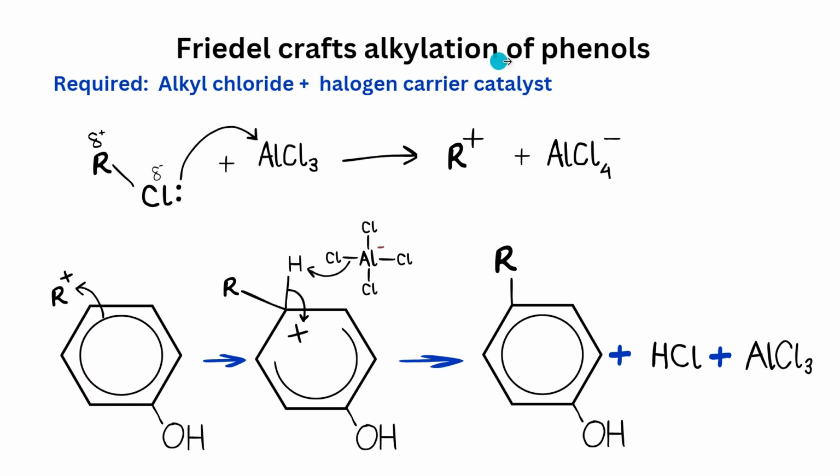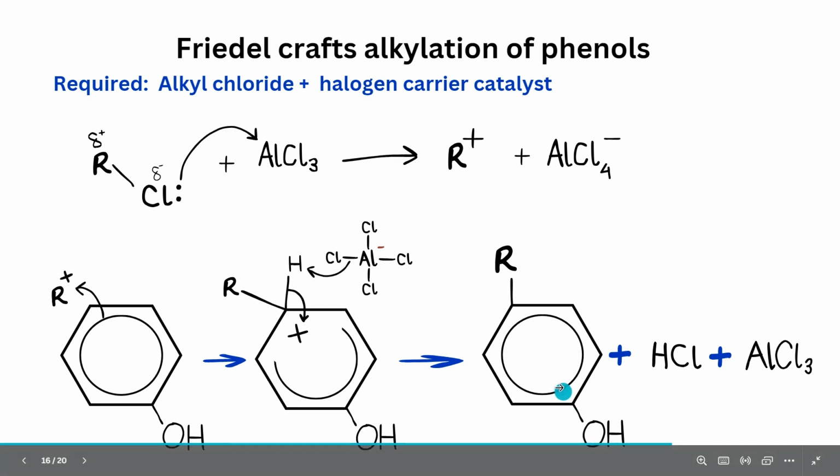Friedel-Crafts alkylation of phenols. Now you have studied alkylation of benzene, and the process is basically the same. I'm not going to repeat the whole process, but the only difference is that the OH group influences the position of electrophilic substitution. The OH group will only allow substitution to occur at carbon 4 or at carbon 2 or at carbon 6.